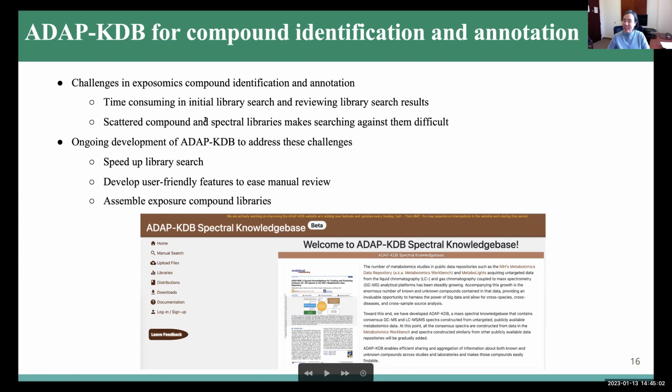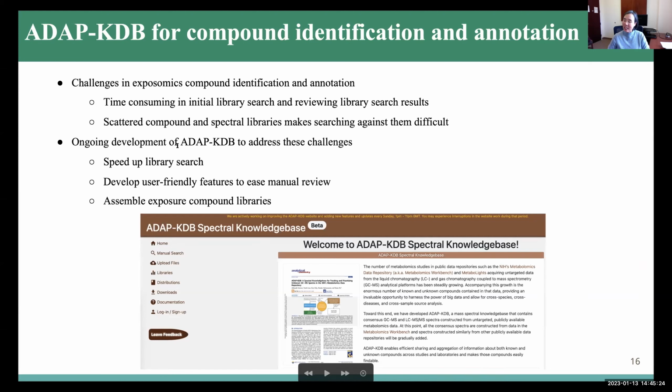Despite advances in library searching, human reviewing is still necessary to provide the highest level of confidence in the final results. And another challenge is that exposome related spectral and compound libraries are scattered in many different places.